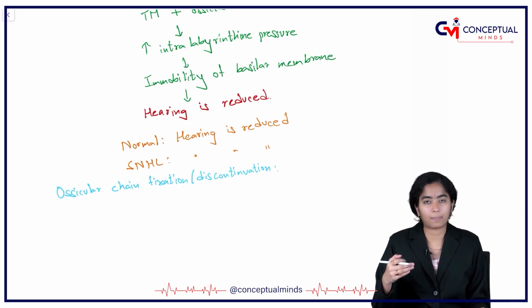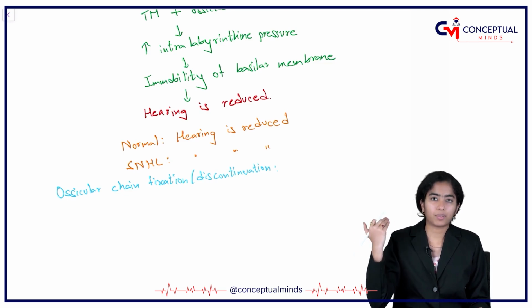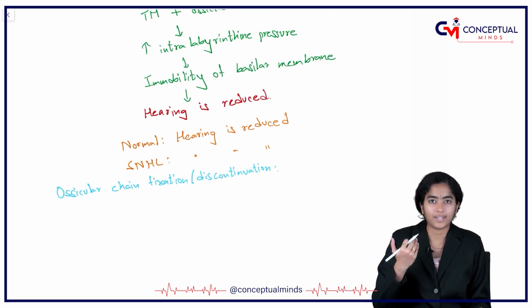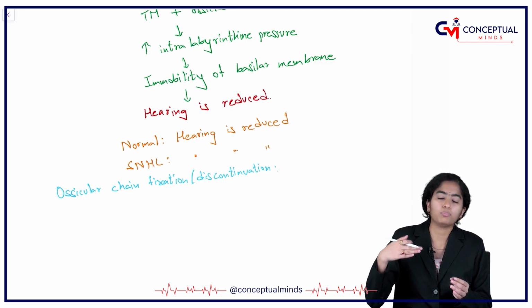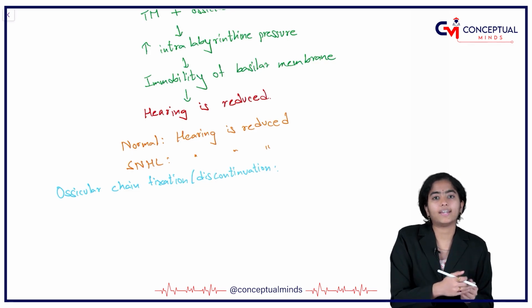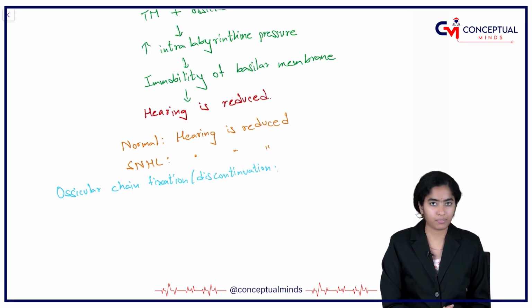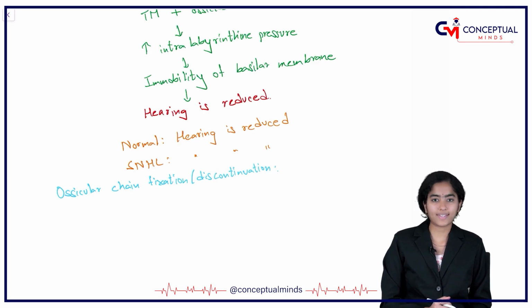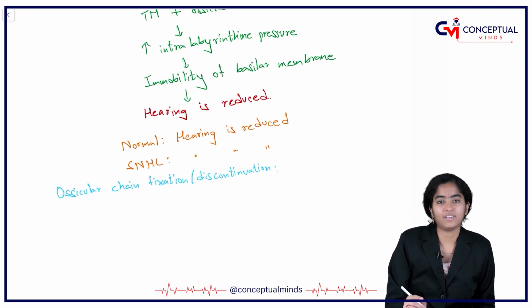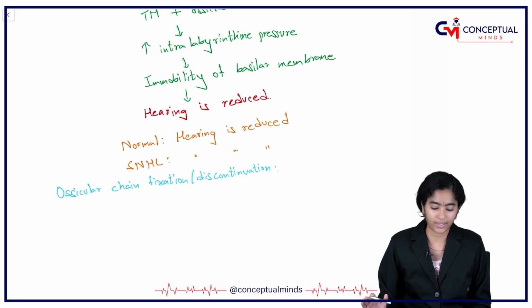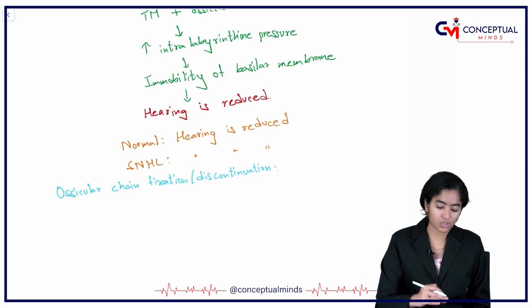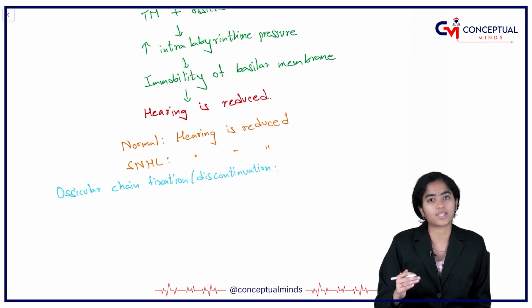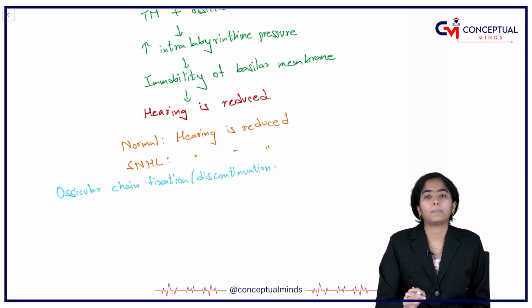In those scenarios, what happens is we increase the pressure, tympanic membrane moves inwards, and that will move the malleus, but then everything is fixed. So these do not move the stapes footplate inside and they do not increase the intralabyrinthine pressure. So the patient will not perceive any difference. Hearing is not reduced. Normally hearing is reduced when we increase the pressure, but in patients with ossicular chain fixation or ossicular chain discontinuation, the patient does not say hearing is reduced.